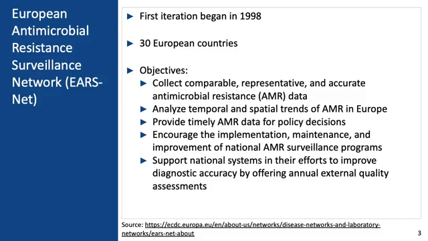The first iteration of this surveillance system began in 1998, and currently there are 30 European countries participating. So just imagine the scale of that. Antimicrobial resistance is important because these bugs, as the name suggests, are resistant to many different types of antibiotics. Antibiotics are important treatment for curing these infections.